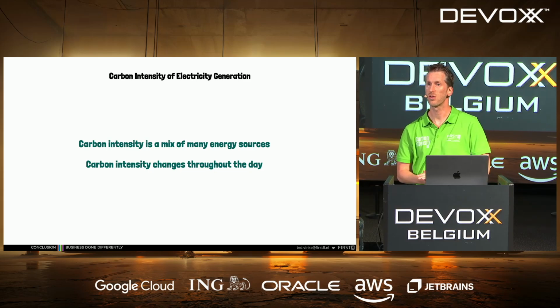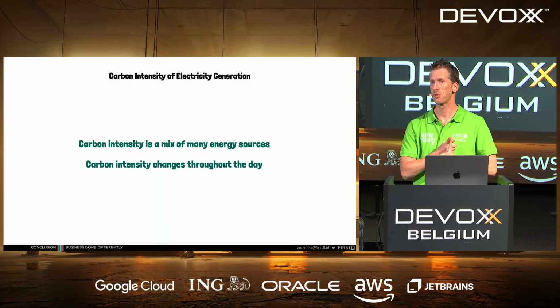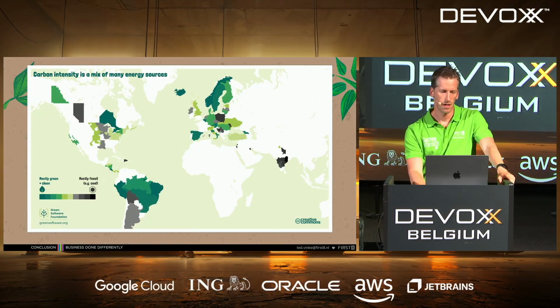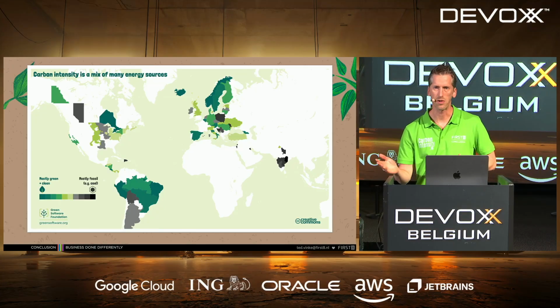There are two things you should also know. Carbon intensity is a mix of many energy sources, and it changes throughout the day, the hour, basically the season. Carbon intensity varies by location, since some regions have an energy mix containing more clean energy than others. Here you see a world map with regions having a color between green and black.